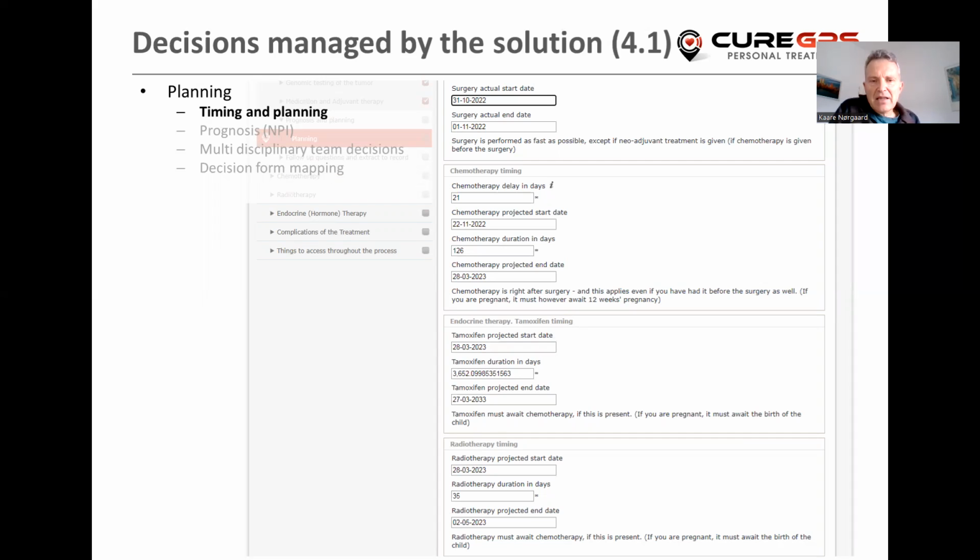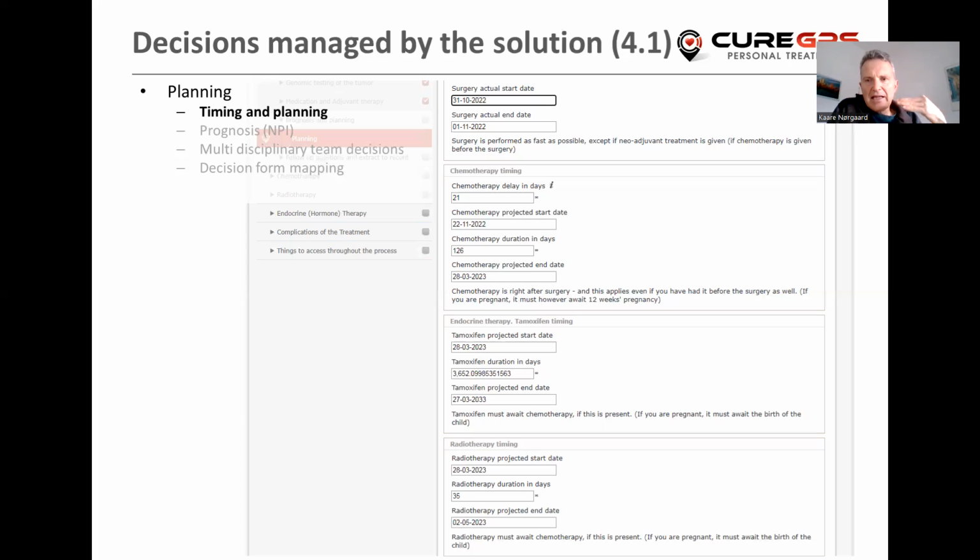March the 28th is the date when tamoxifen treatment for 10 years can start, and radiation therapy can start. It lasts 35 days, which is a month or so. And then it goes on.